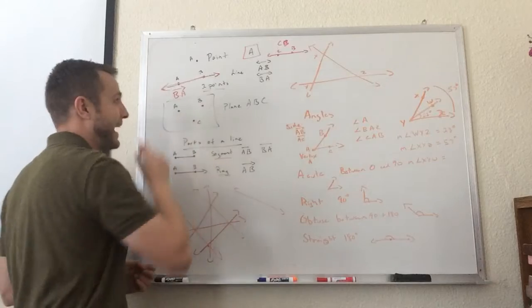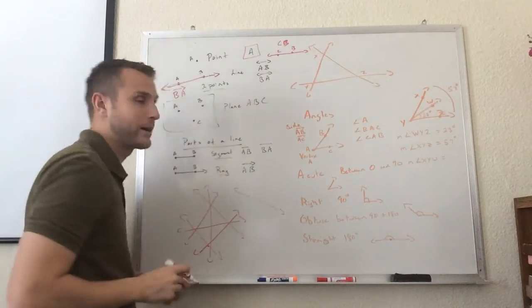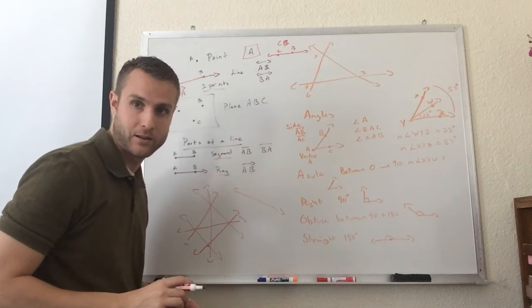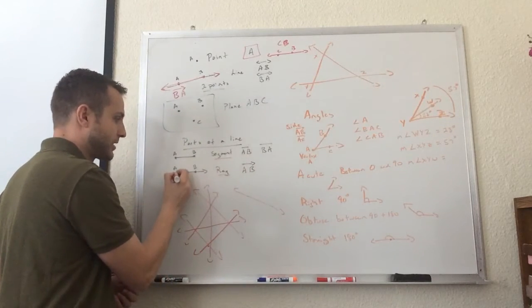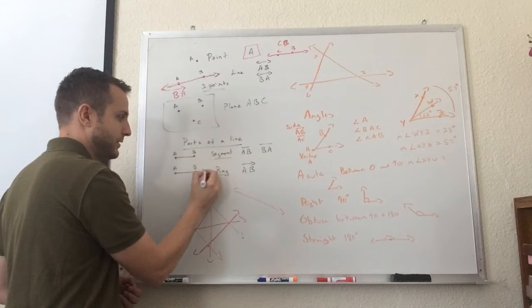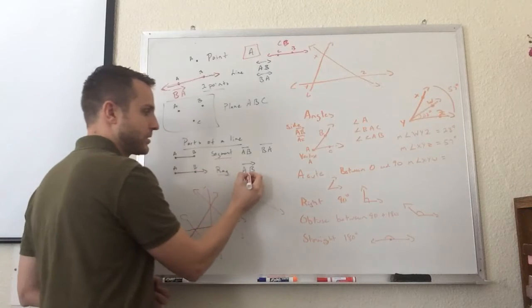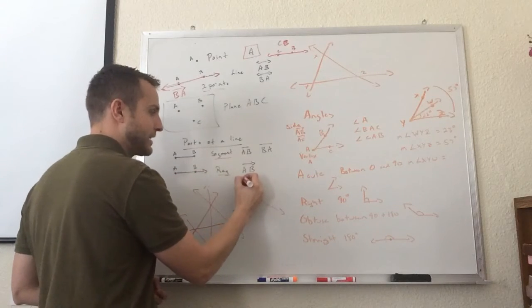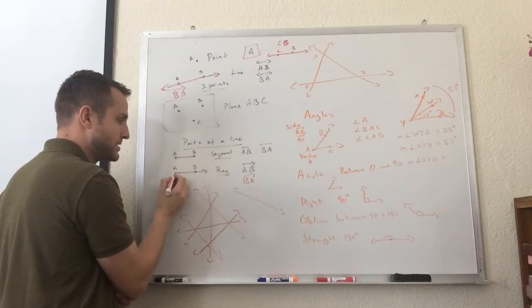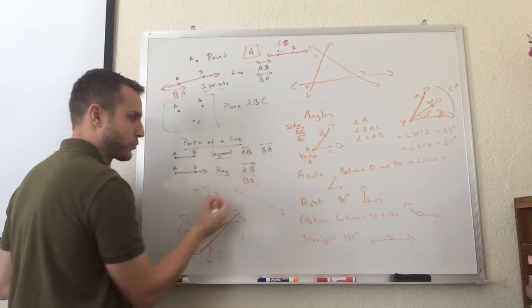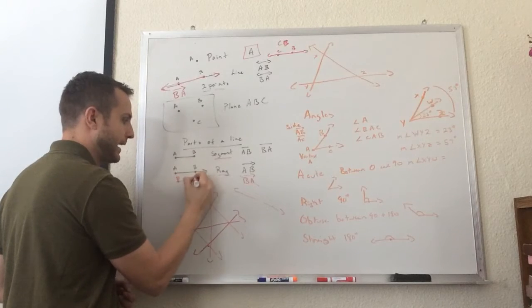The first letter has to be the letter where it begins, and the arrow has to be pointing from that to the other letter. So this would be ray AB because it starts at A and then it goes in the direction of B. It doesn't stop at B, it goes past B, and then it keeps on going in that direction. So I could not label this ray BA because it starts at A. That would be wrong. This would be ray BA.